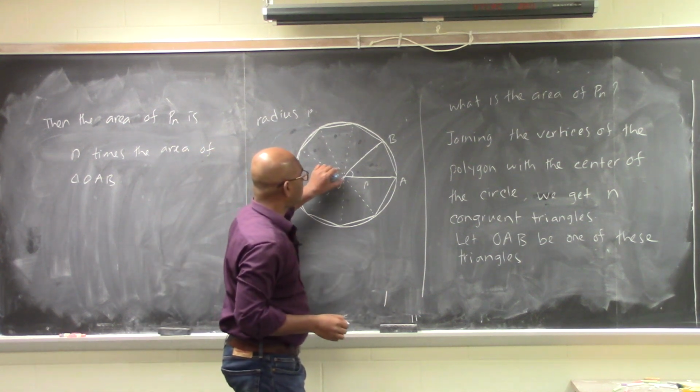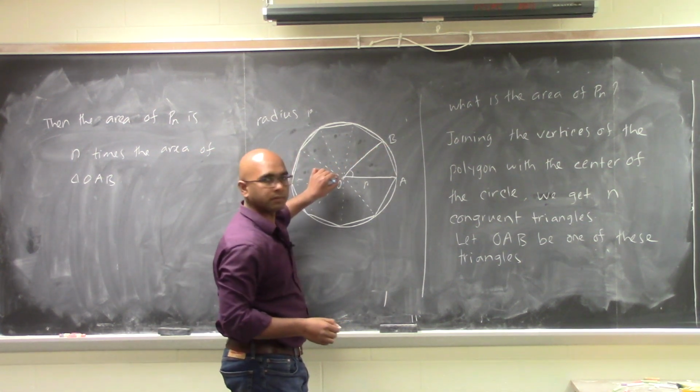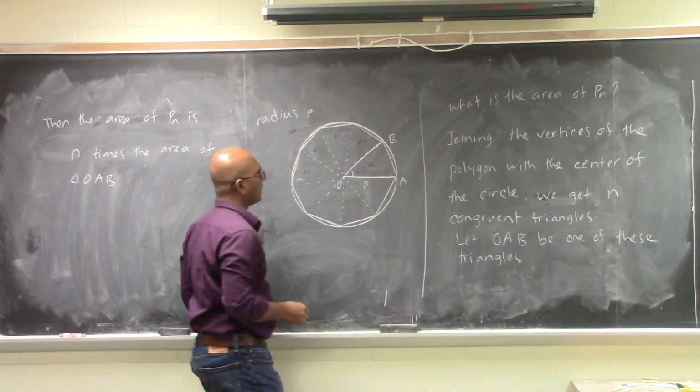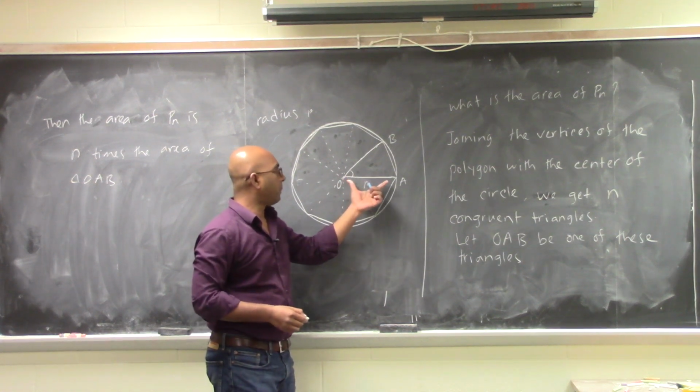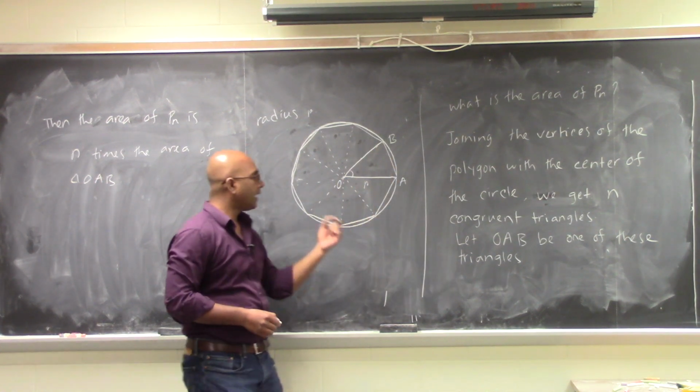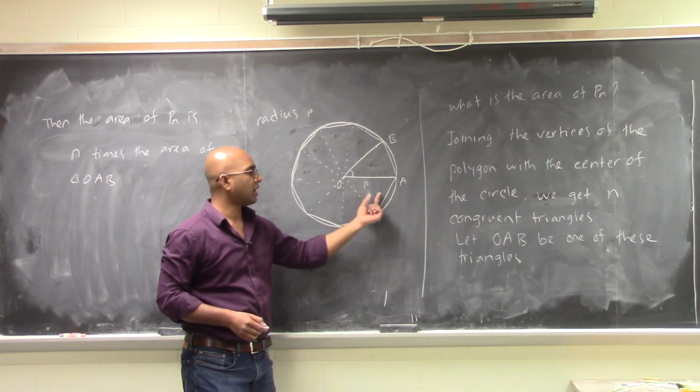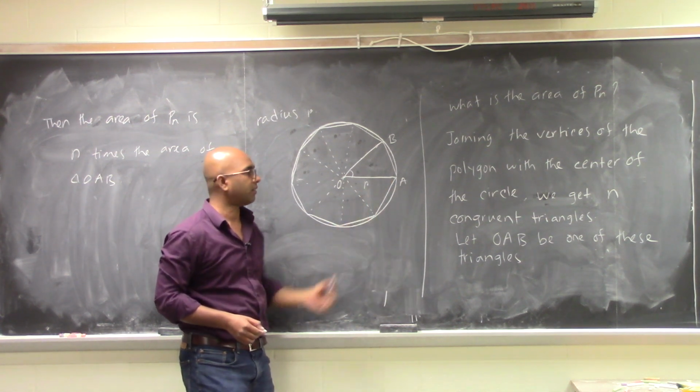Now, what is the area of this triangle OAB? That's half times base times height, right? And notice base has length, the radius of the circle, it's r, right?